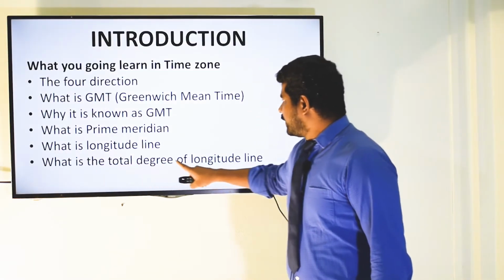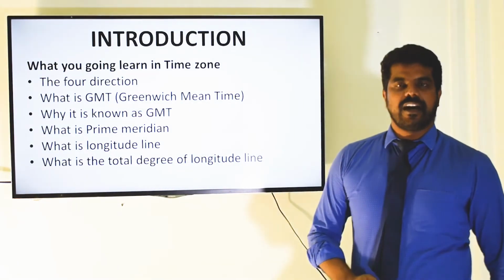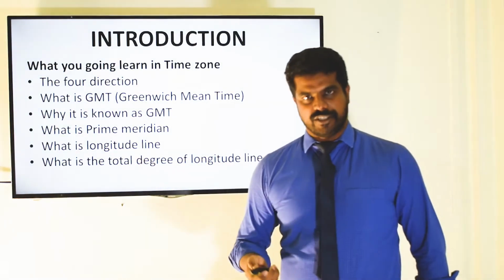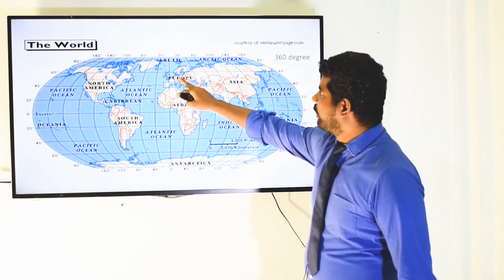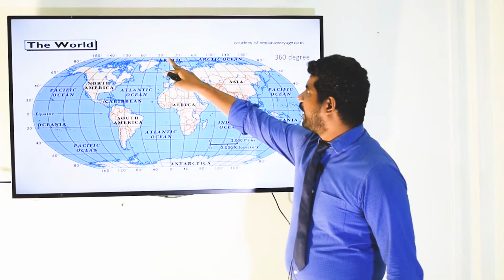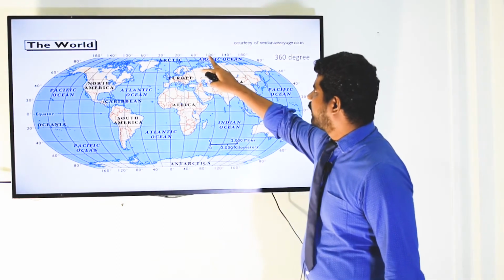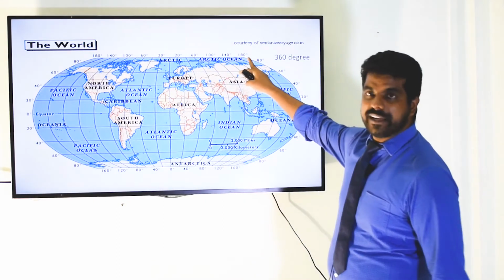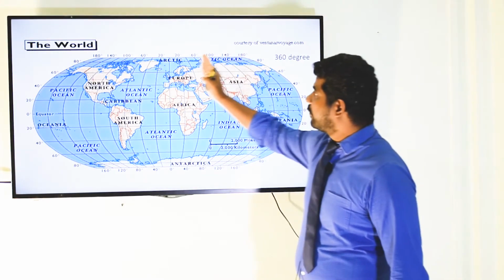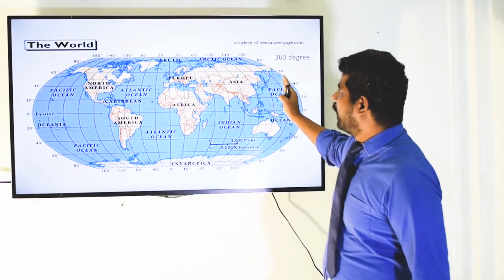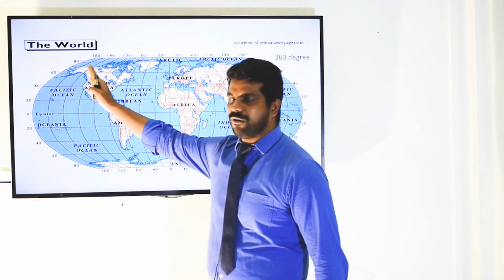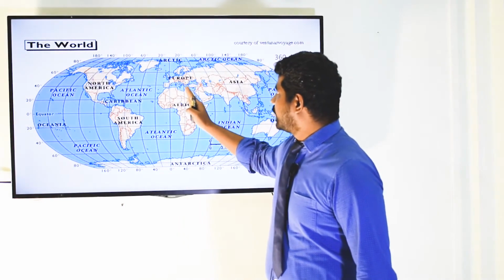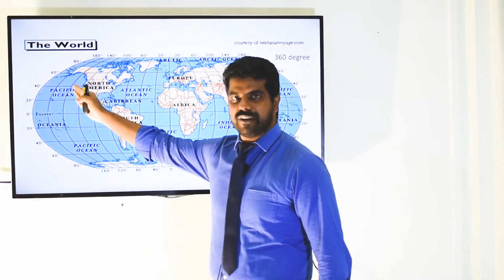What is the total degree of longitude line? How many degrees are there in longitude lines? All right. So if you look at this map, this is the 0 degree and 20 degree, 60, 100, 140 and 180 degree from the center to east. And here also we have 20, 60, 100, 140, 180. So from the center to west we have another 180 degree.